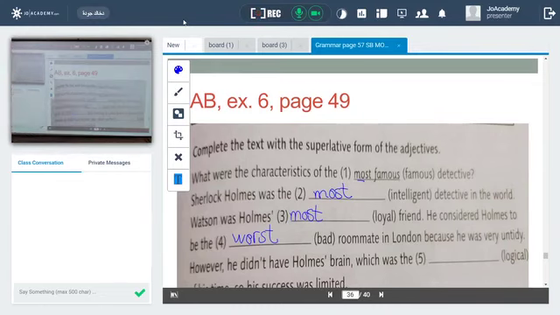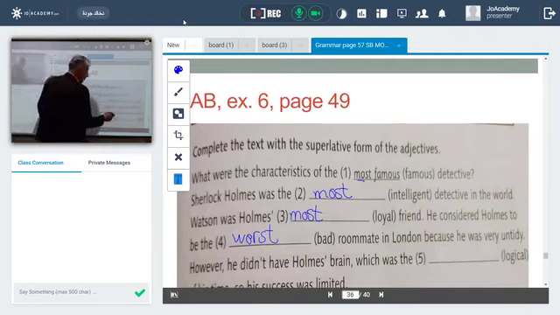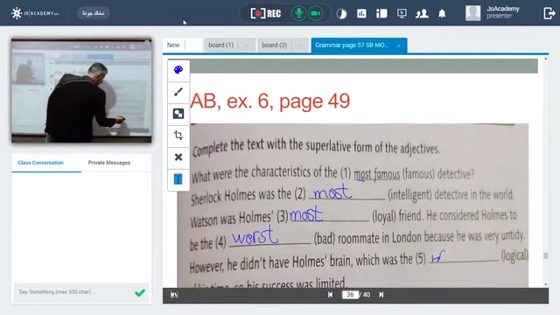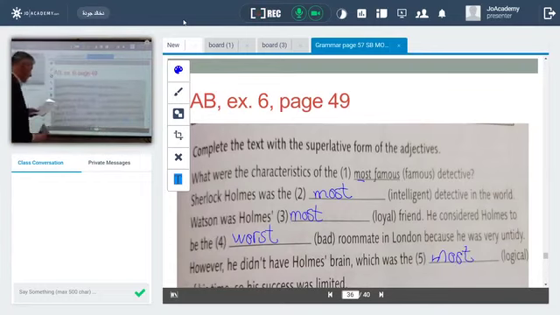However, he did not have Holmes' brain, which was the dash logical. So what do you think is the answer? Of course, it's the most logical. Most logical of his time. So his success was limited.